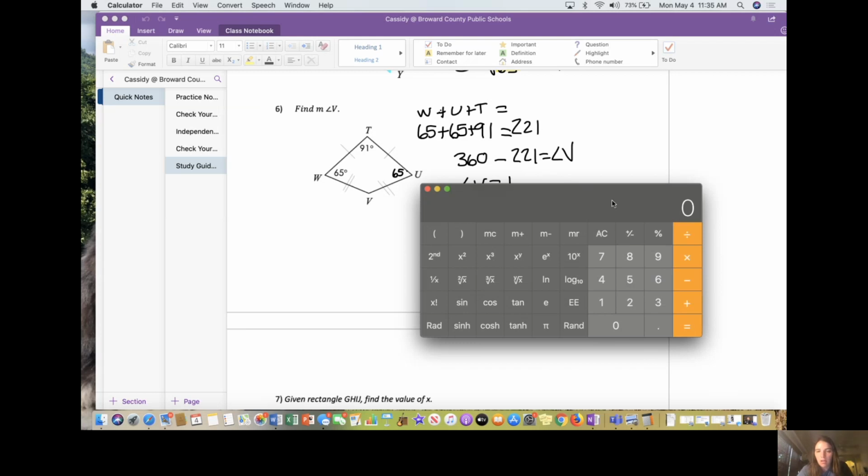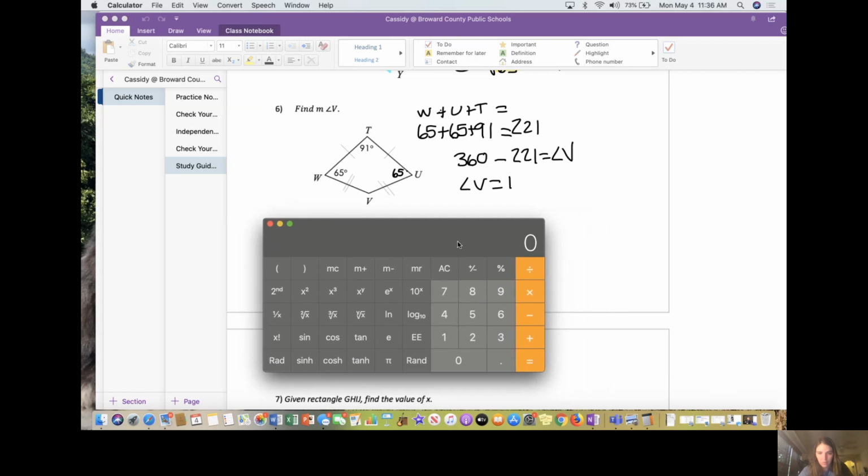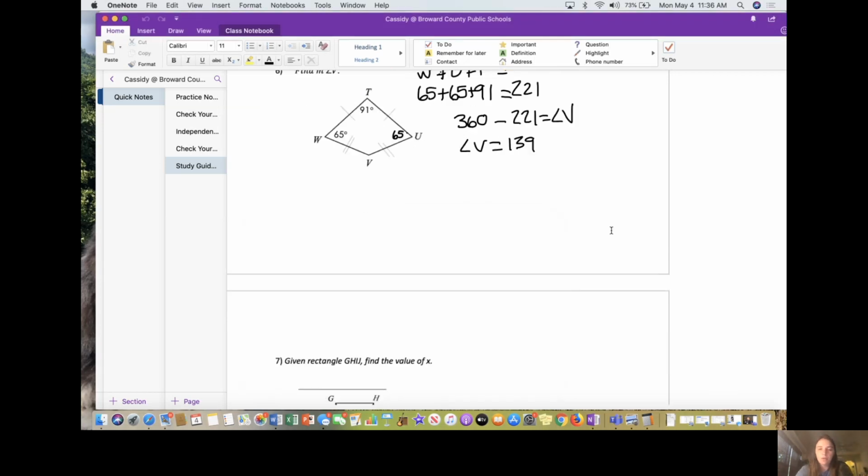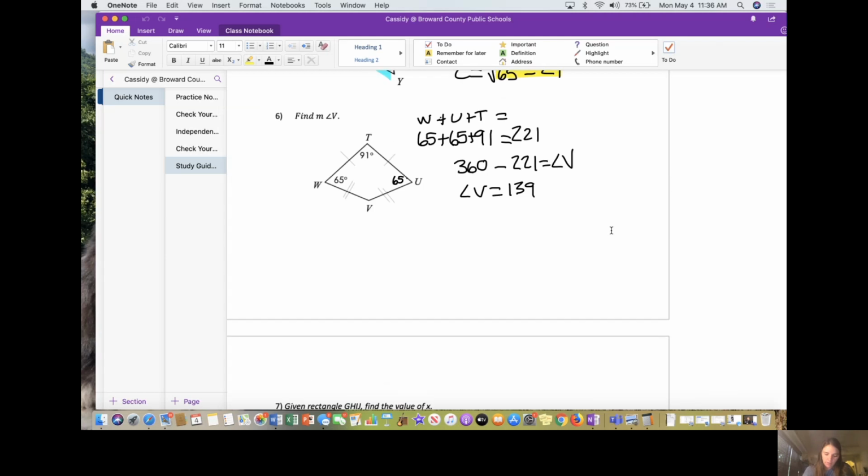I'll redo it in the calculator so that it looks better: 360 minus 221 equals 139. So angle V equals 139. Let me highlight that answer. And we look back at the question, that is all they asked for.